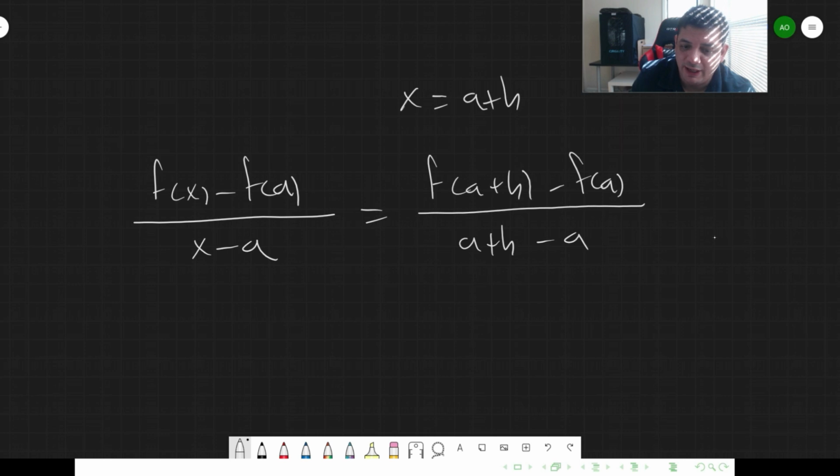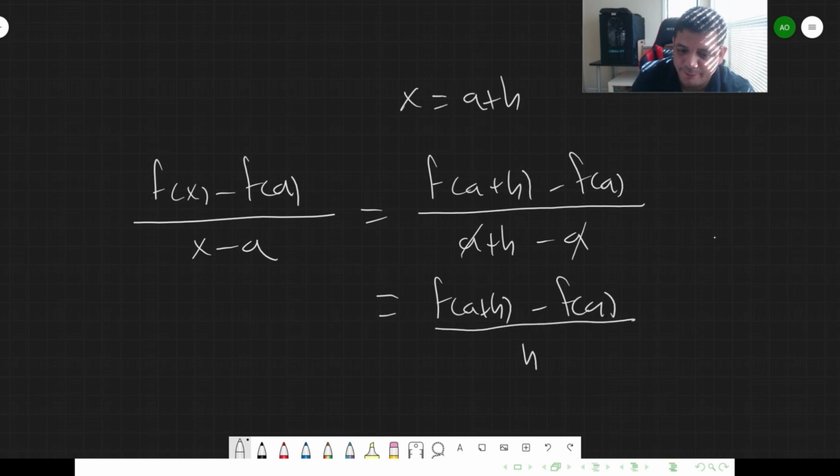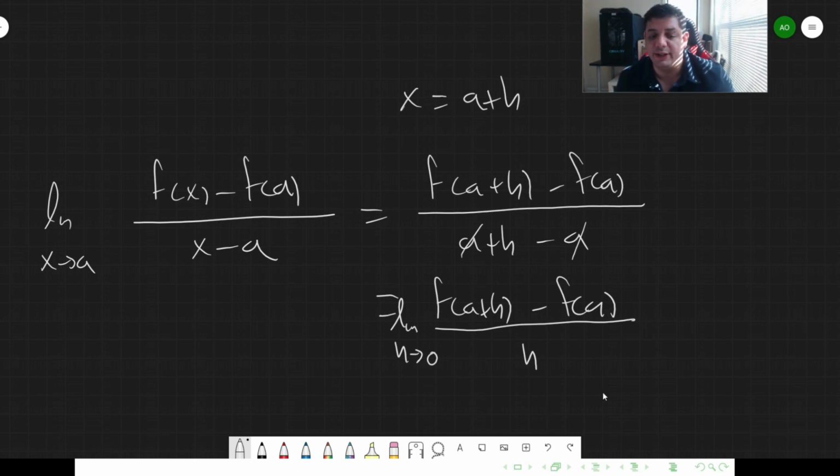And so notice a gets canceled with minus a, and it produces the simplified formula. And so notice that making the limit when x goes to a is equivalent to making the limit when h goes to 0. Okay, so the two formulas are equivalent, and we can get the derivative with any of the two.